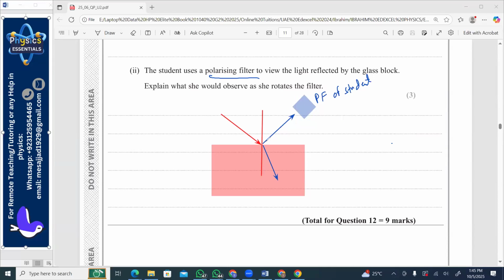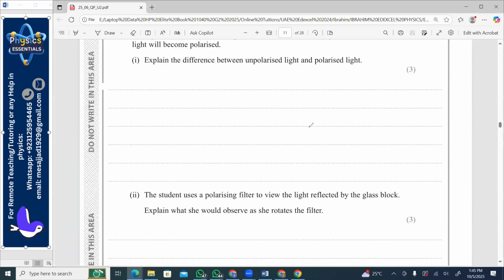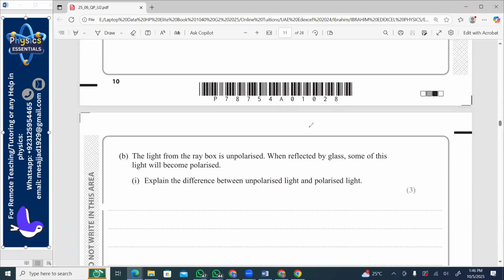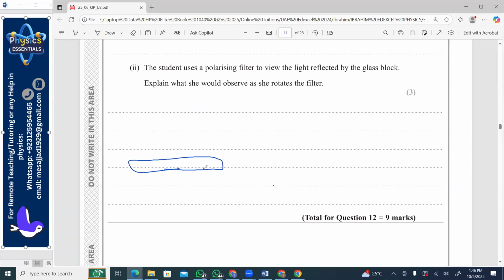And this is the reflected light. And is there anything else that you have mentioned? The light beam from the X-ray box, when reflected by glass, some of this. Yeah, this is the point. So they're saying when the light is reflected from the glass, it is polarized. So that is another key information that you need to remember.